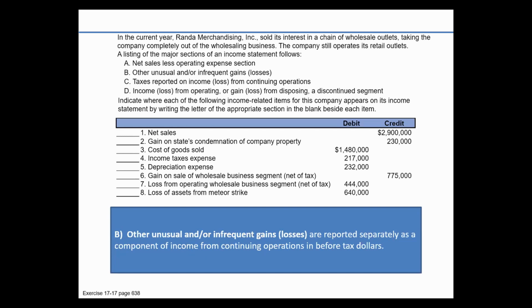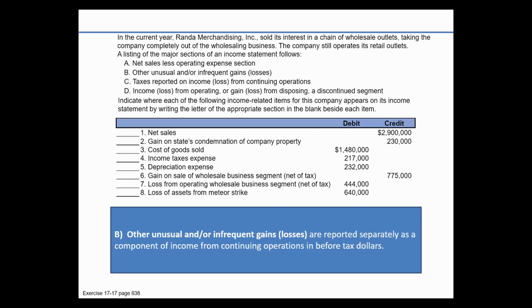Now B would be other unusual or infrequent gains or losses, reported separately as a component of income from continuing operations before tax. I already see what these are going to be, but it would be something that happens, but it's infrequent, it's unusual, but it has to do with something that affects their current operation, but it's not part of their current operation.